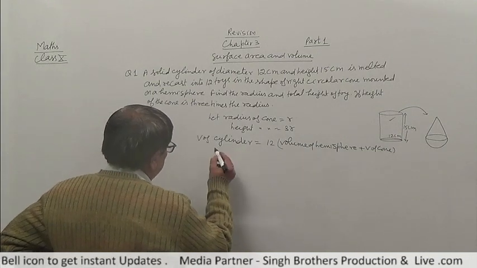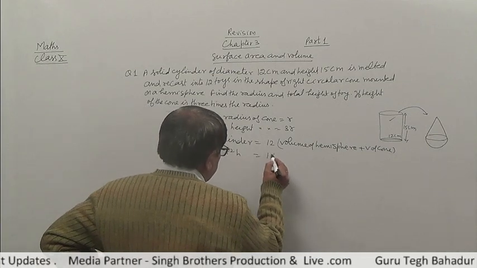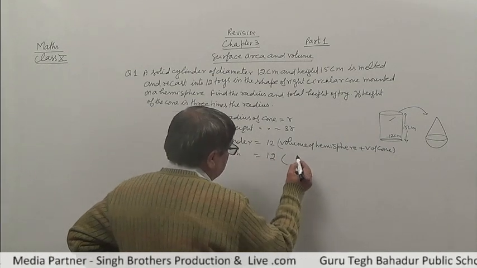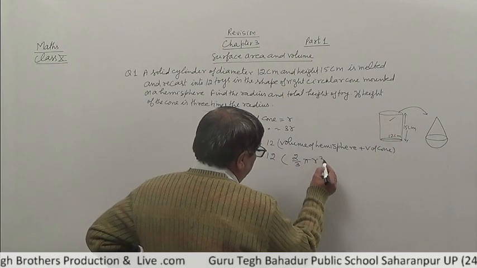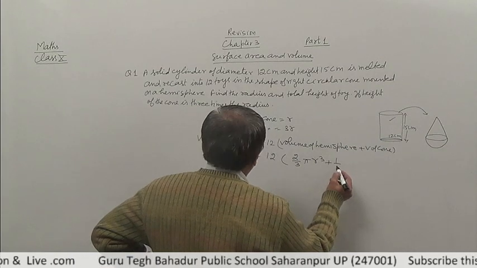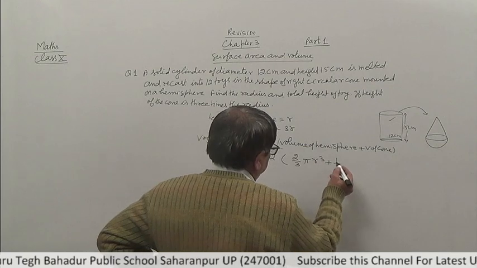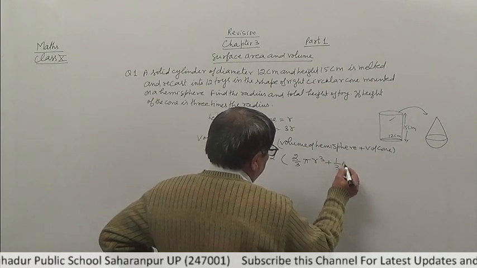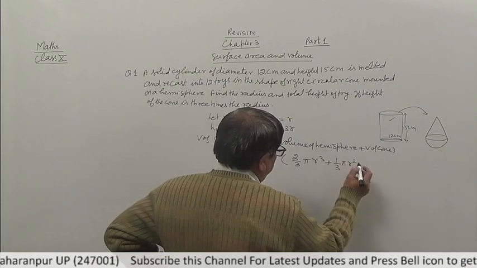Volume of cylinder is pi r square h, volume of hemisphere is 2 upon 3 pi r1 cube, and volume of cone is 1 upon 3 pi r1 square h1.